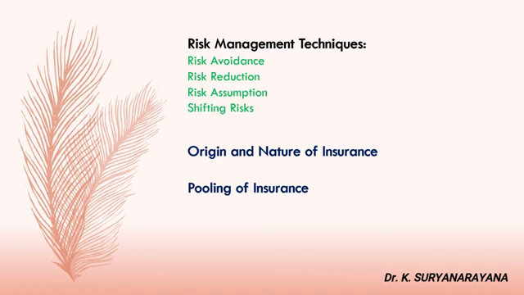Management of risk is the process of evaluating the risk faced by a firm or by an individual and then minimizing the cost involved with such type of risks. Any risk entails two types of costs. The first is the cost that will be incurred if a potential loss becomes an actual loss.